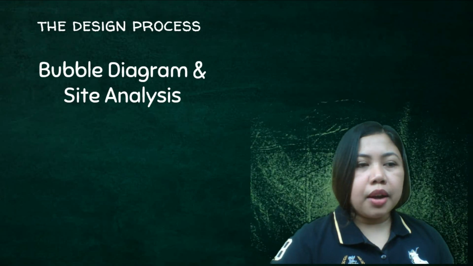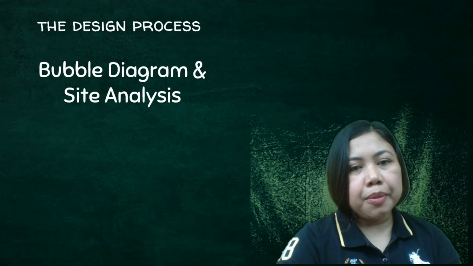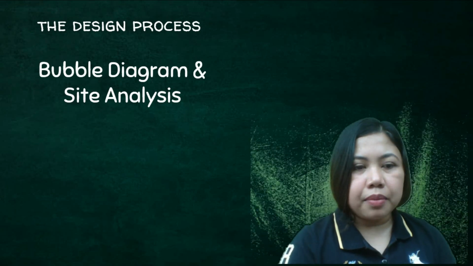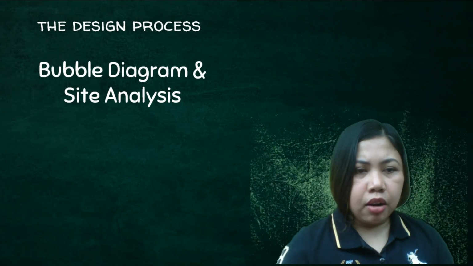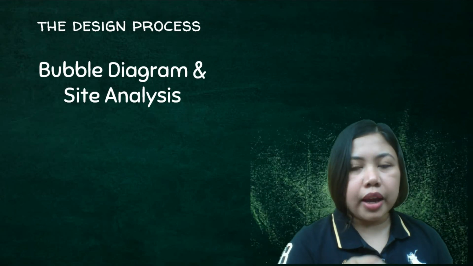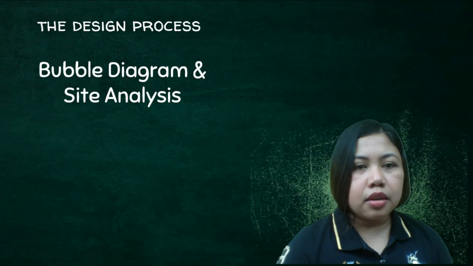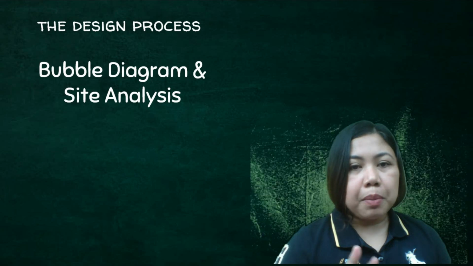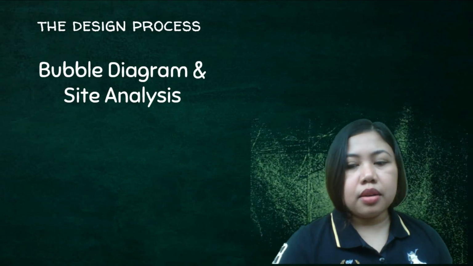So to save time, my technique is, when I do my bubble diagram, I do it on the lot. I draw the lot, and side by side I analyze the site. So bubble diagram and site analysis, I do it together.